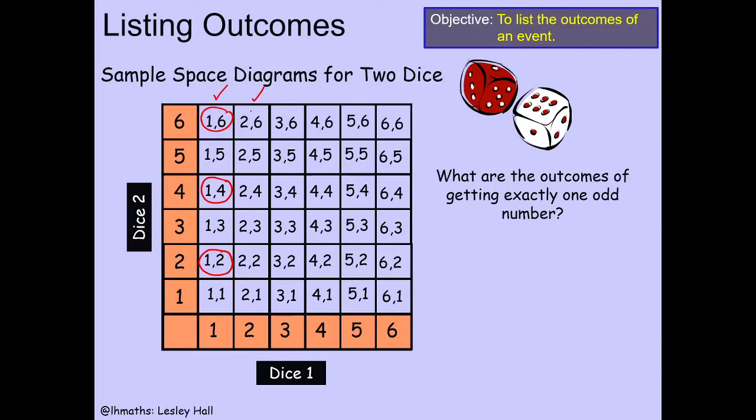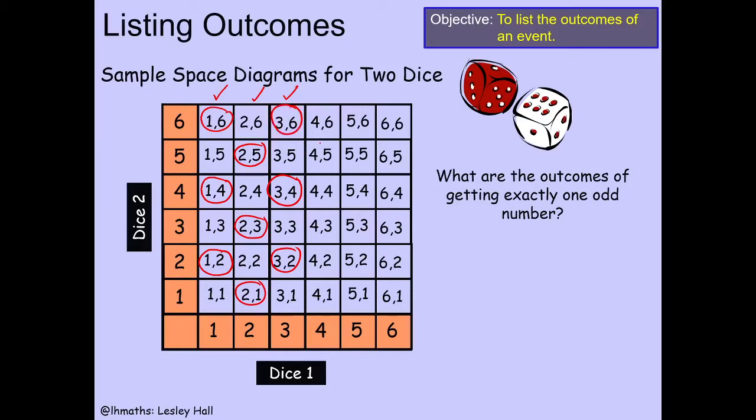Let's have the second column. Exactly 1 odd number. 2 and 1. 2 and 3. 2 and 5. What about the third column? 3 and... I cannot have 3 and 1. Okay, 3, 2. What else? 3, 4. 3, 6.